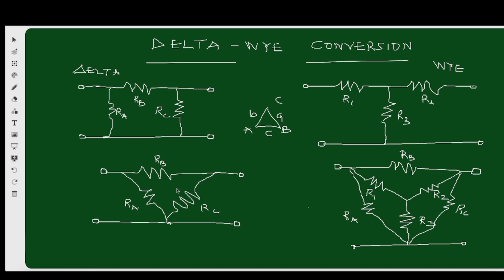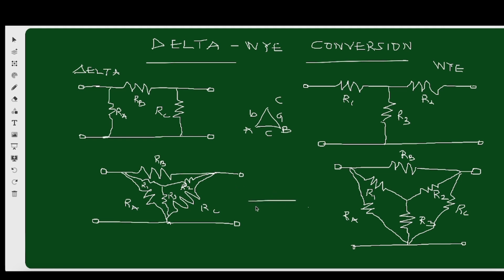But for delta to star, you draw the star inside, right? So you have your star here, with R1, R2, and R3.